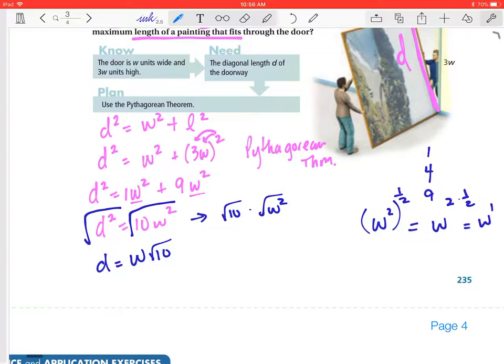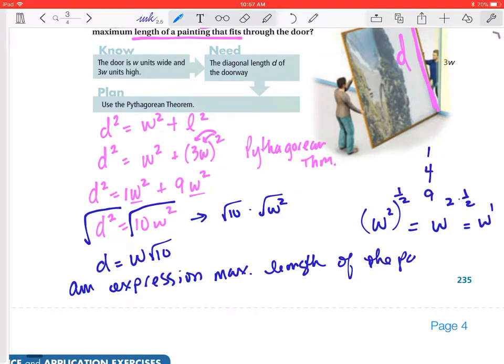So now, an expression for the maximum length of the painting, because we want to see the maximum possible length of the painting that we could fit through the door, would be W square root of 10, or we can say the square root of 10 reduces to about 3.16 width-wise.